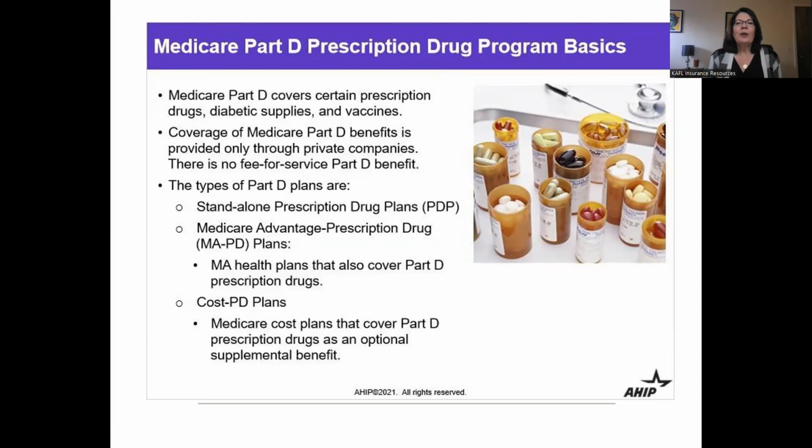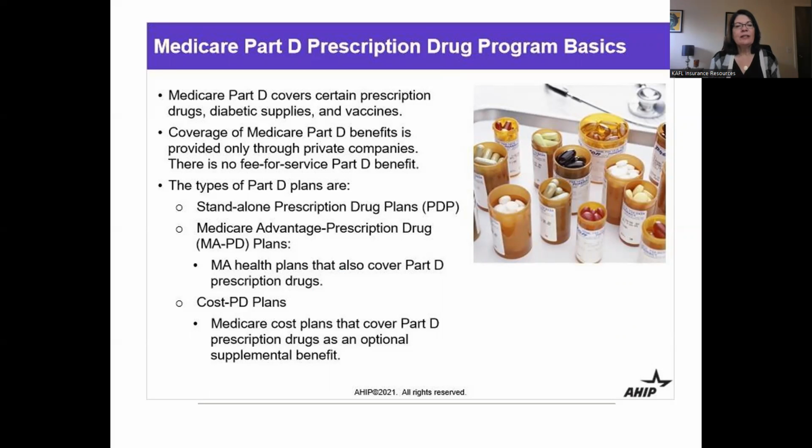So drug program basics. Part D covers certain prescription drugs and diabetic supplies, which you'll see also in Medicare, some in Medicare Part B, and then vaccines. It's only through private companies, so a lot of companies have standalone drug plans, and then there's the MAPDs that we talked about already, where that PD part is the prescription drug, so Medicare Advantage drug plan.